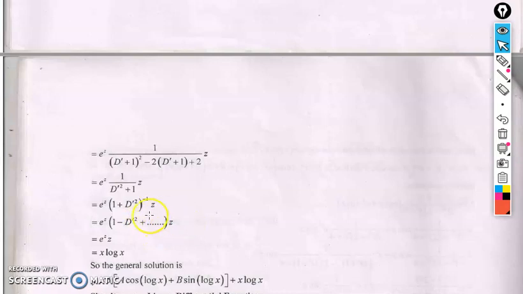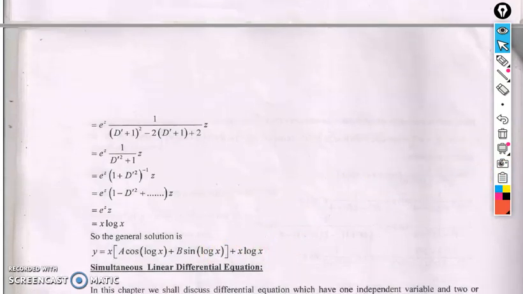The first time gives 1 and the second time gives 0. Then e to the power z as a function of x becomes x, and z becomes log x. So the complete solution is: this one is your CF part, x into a cos log x plus b sin log x, and this one is the PI part. That is the complete solution of the given differential equation.